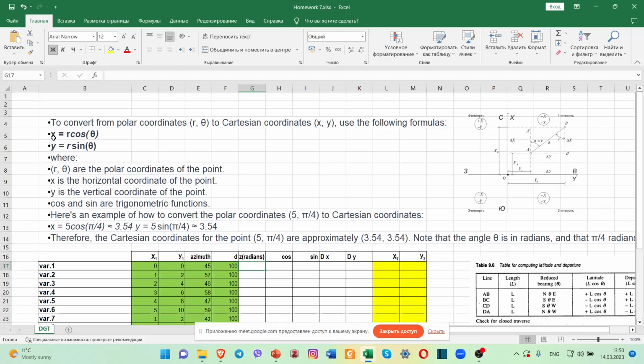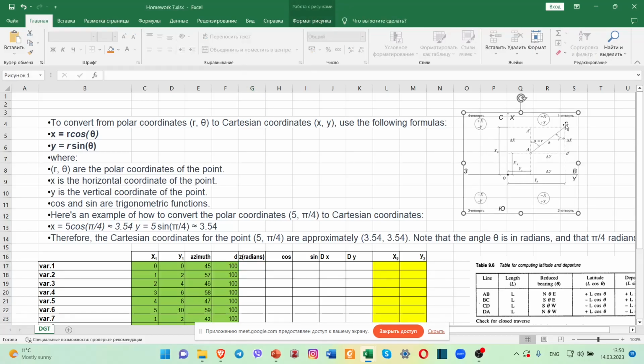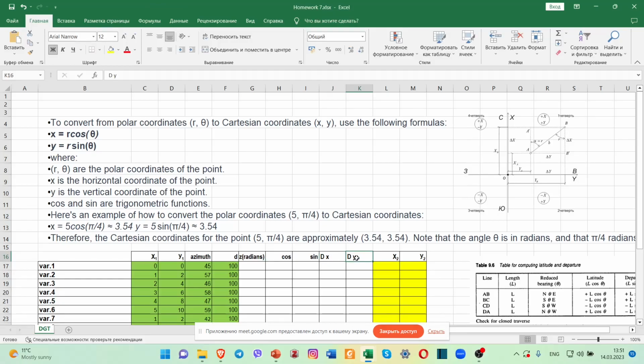Delta x, or the difference between xb and xa, is equal to r cosinus theta, and delta y, the difference of y coordinates, is equal to the distance r on sinus theta, or sinus alpha.